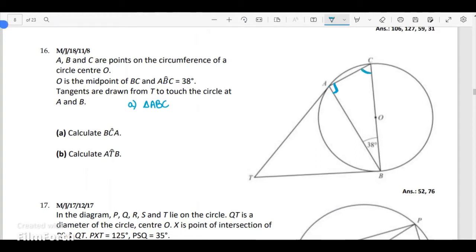Two of the angles in this triangle are already known, so we just have to figure out the third angle. So angle BCA would be equal to 180 degrees minus 90 degrees plus 38 degrees. The answer would be 52 degrees. So angle BCA is 52 degrees.